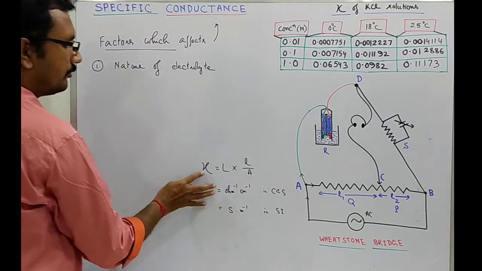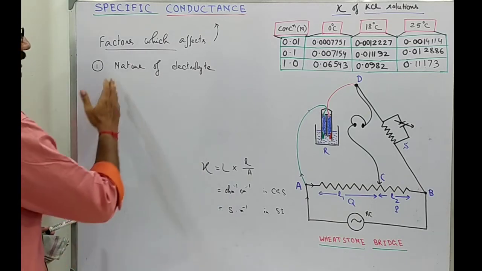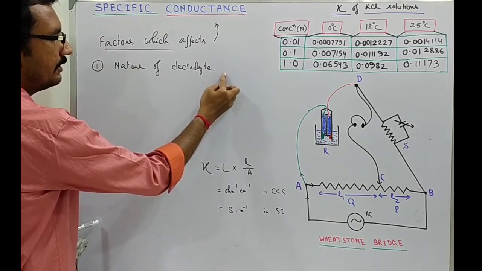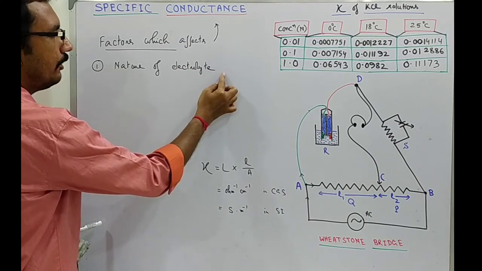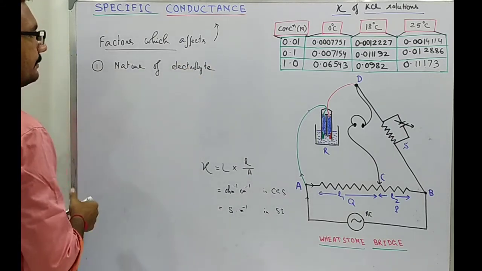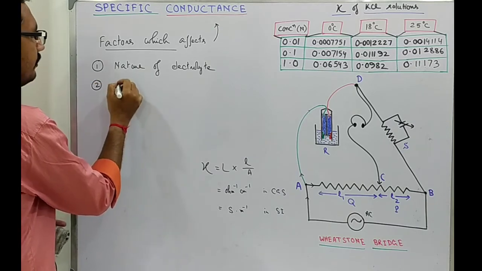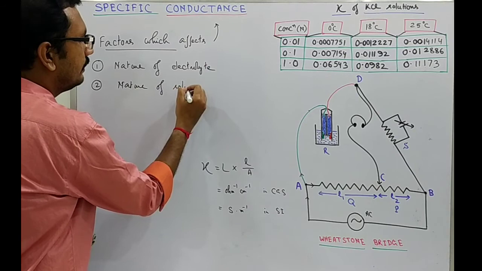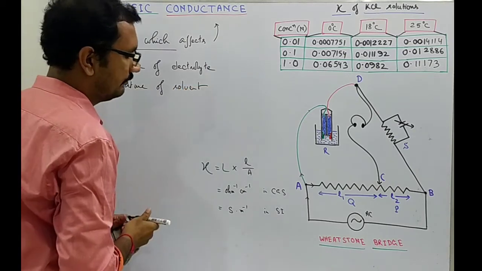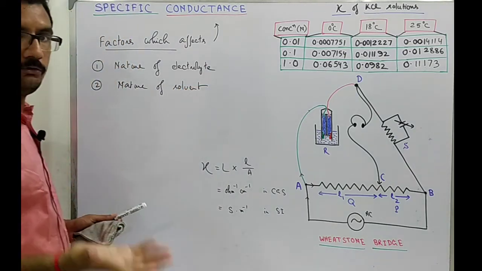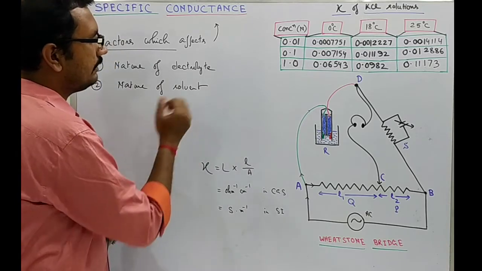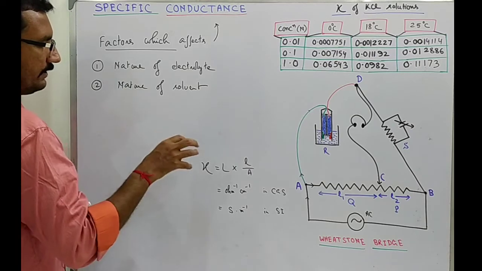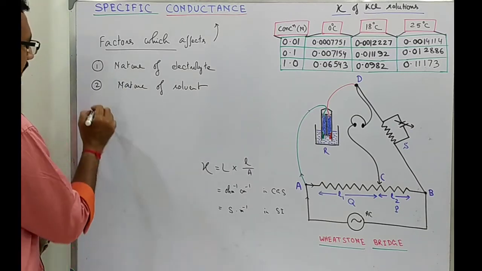More the conductance, more will be the specific conductance. Here the charge of the ion, the size of the ions and the ionic mobility are all included. It will also depend on the nature of solvent. Nature of solvent will include the extent of solvation and the viscosity of the solution, in which the ions are moving.